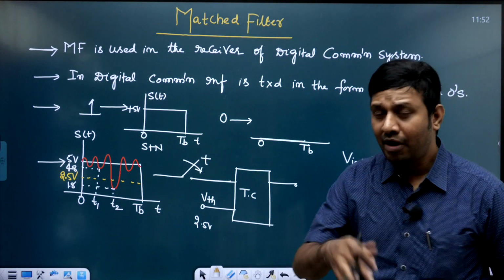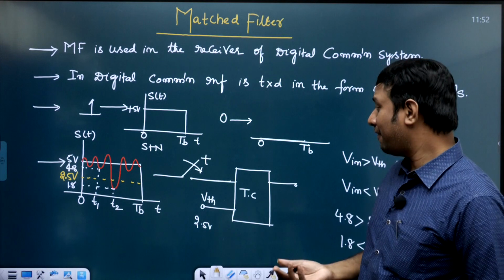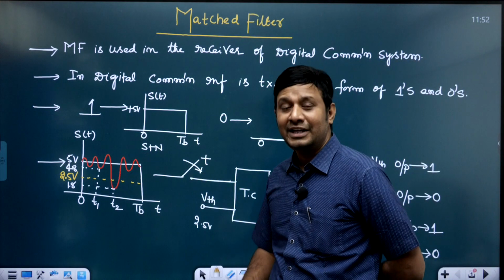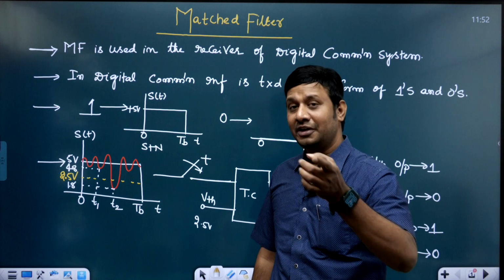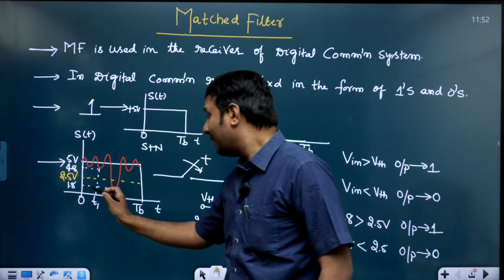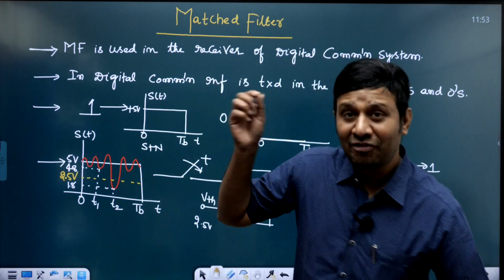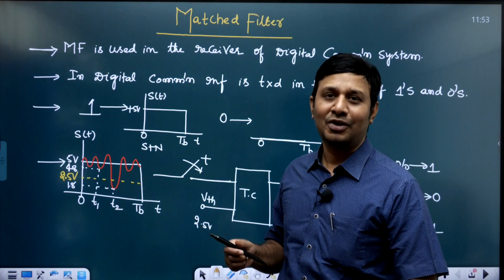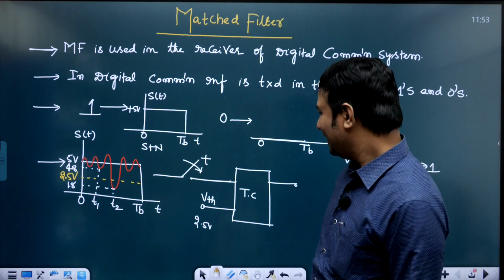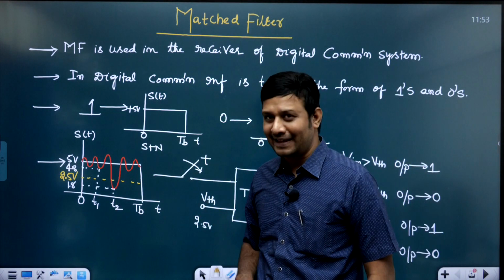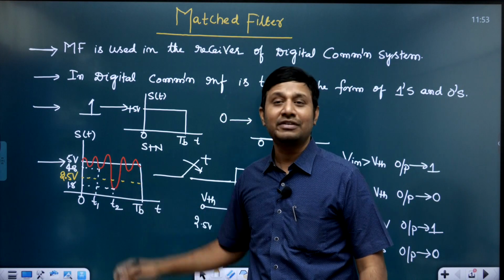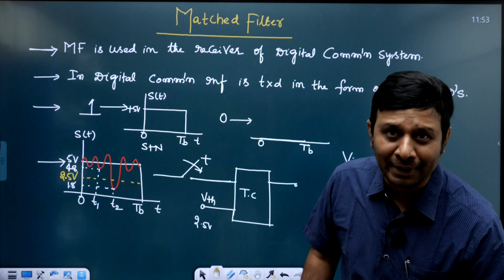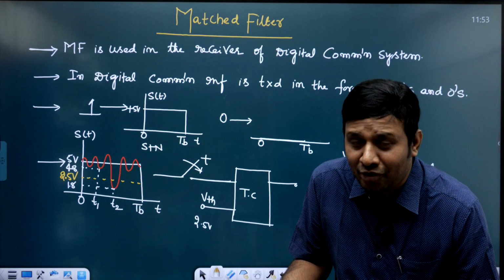What if I have a block before the sampler which increases the signal to noise ratio of the received pulse, and that block also tells us the instant where to sample so that we won't get any errors?